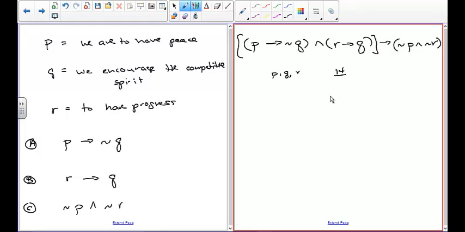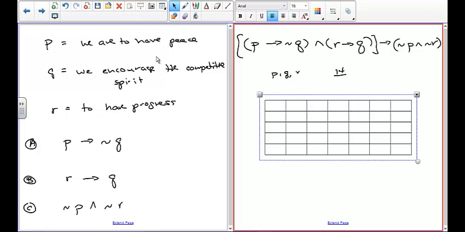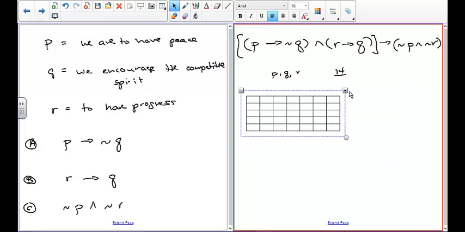And then you're going to need 9 rows because you have P, Q, and R. So let's do that. So we're going to need 9 rows and 14 columns. So again, when you have this on the test, I'll give you the table.